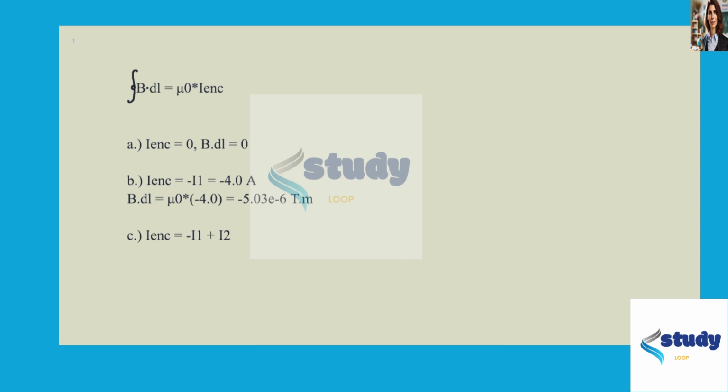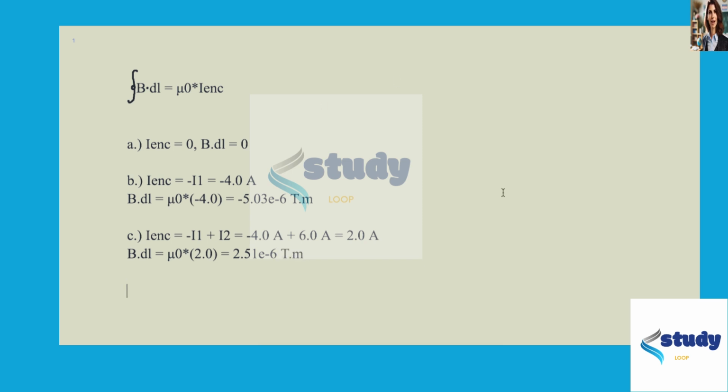When we add this up, we get minus 4.0 amps plus 6 amps, which gives us 2. So now our line integral is equal to mu naught times 2, which is 2.51 times 10 to the minus 6 Tesla meters.